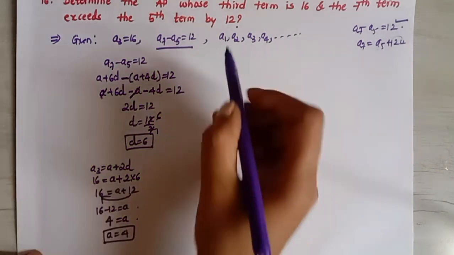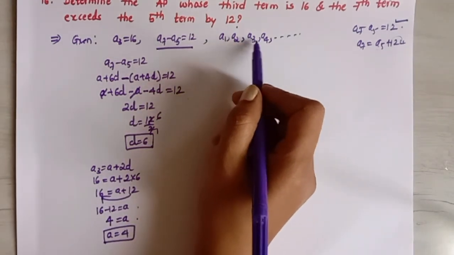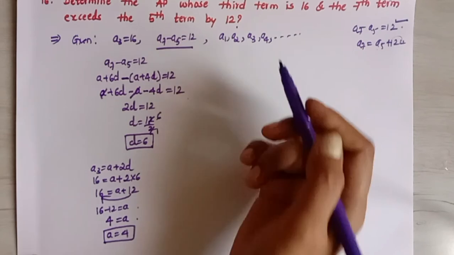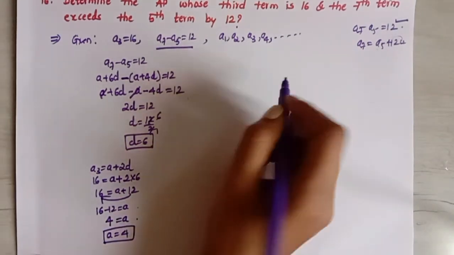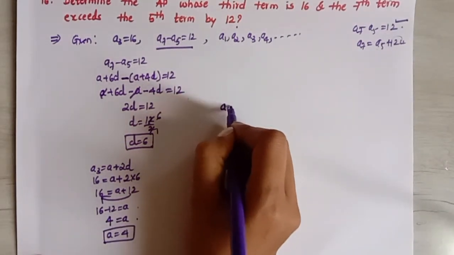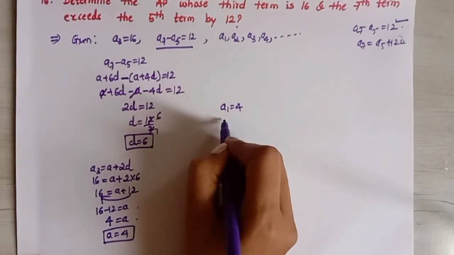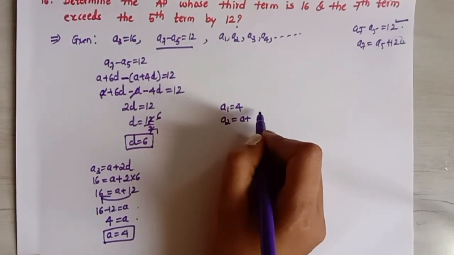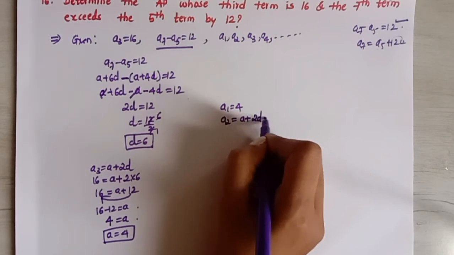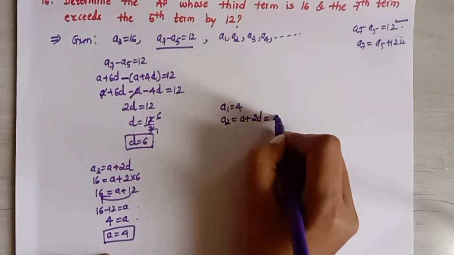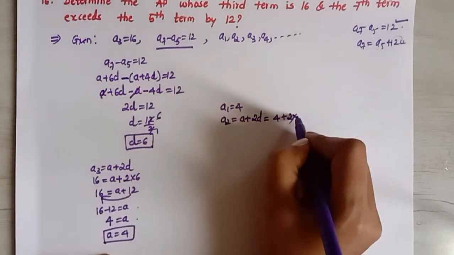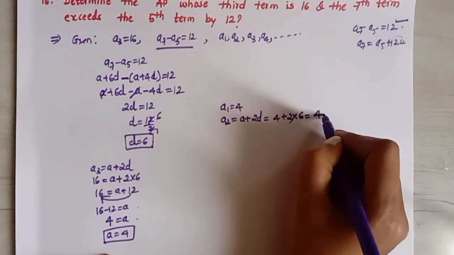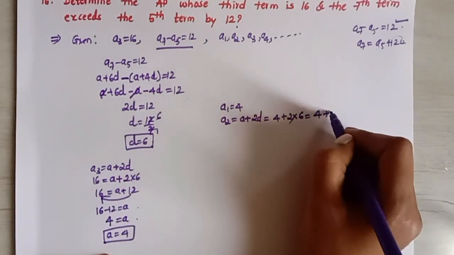Now we can find this A1, A2, A3, A4 and so on. Therefore, what is A1? A1 is A only, that is 4. What is A2? A2 is A plus 2D. What is A? A is 4 plus 2 into D. D is 6. So which will be 4 plus 6 into 2 is 12.